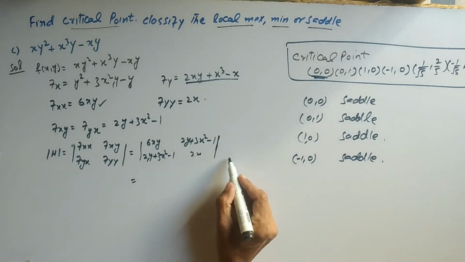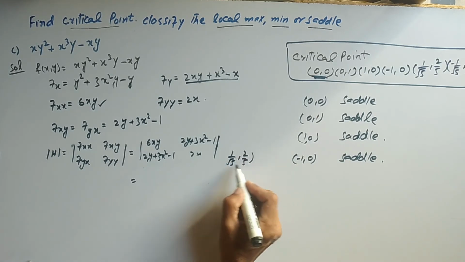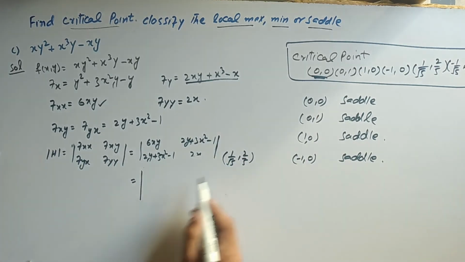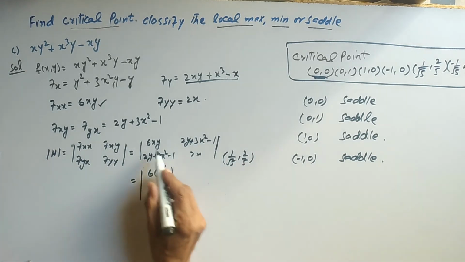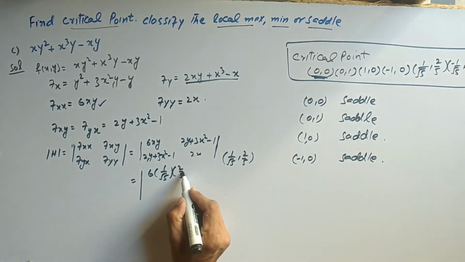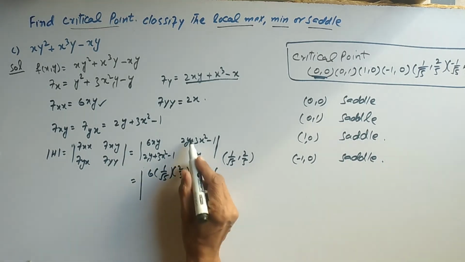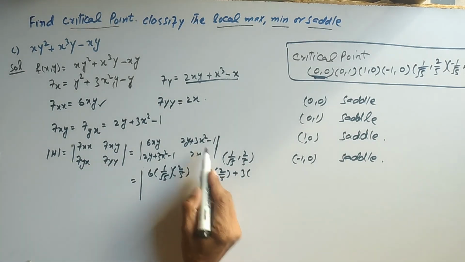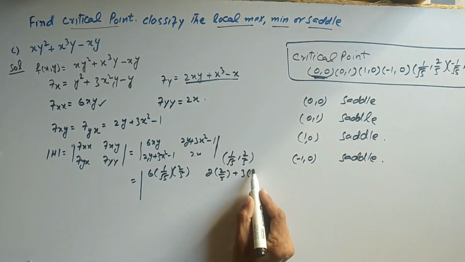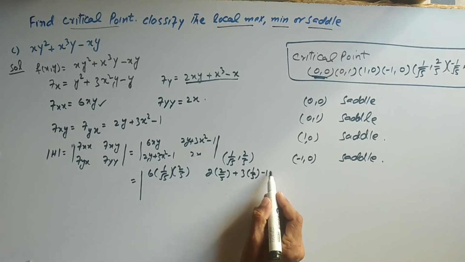Now calculate the value of 1 over root 5 and 2 over 5. Put the value of x as 1 over root 5, and the value of y as 2 by 5, and the same here, 2 by 5 plus 3 times 1 over root 5 squared, which becomes 1 over 5, minus 1.